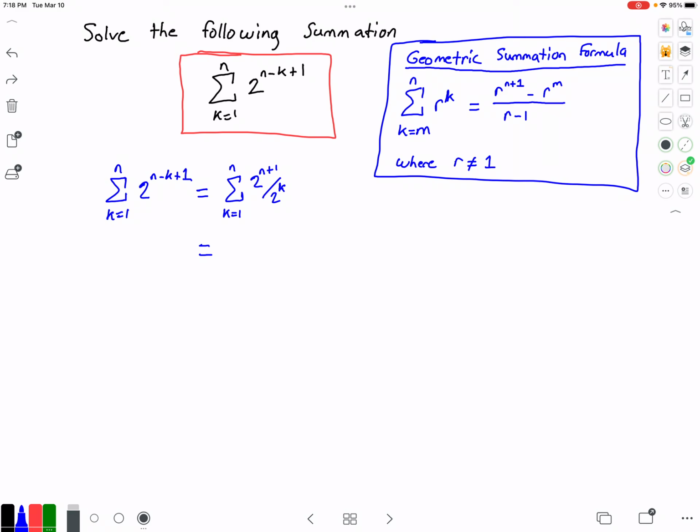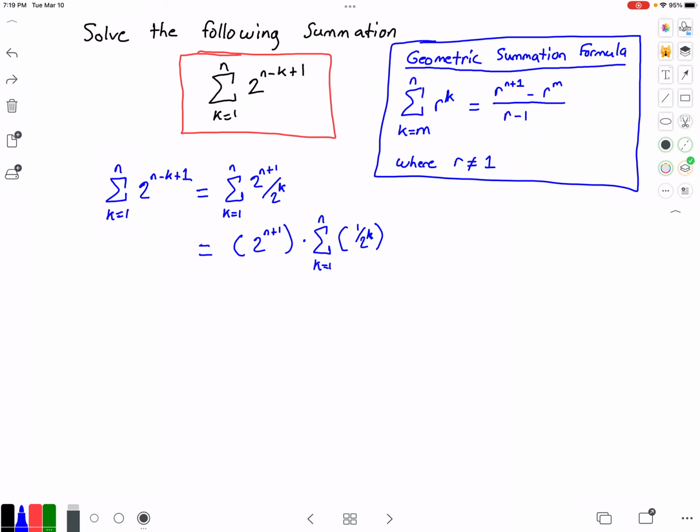So we're going to simplify this a bit more. 2 to the power of n plus 1 is just a constant, so we can pull that out of our summation. So now we get 2 to the power of n plus 1, all of that times the summation from k equals 1 to n of 1 divided by 2 to the power of k. I just pulled out the 2 to the power of n plus 1.